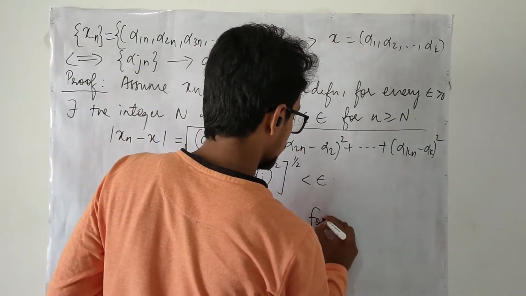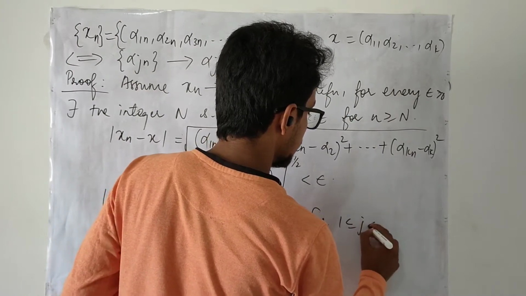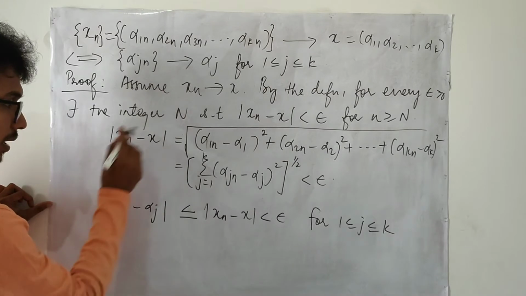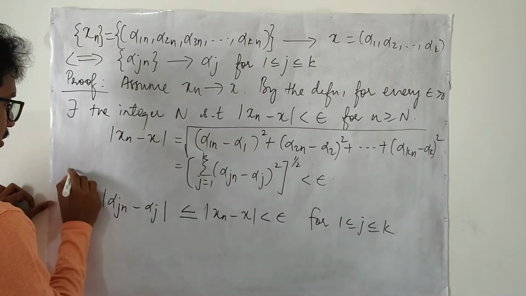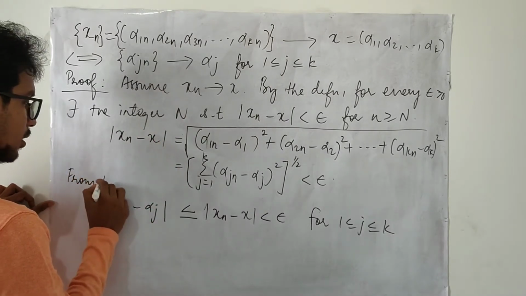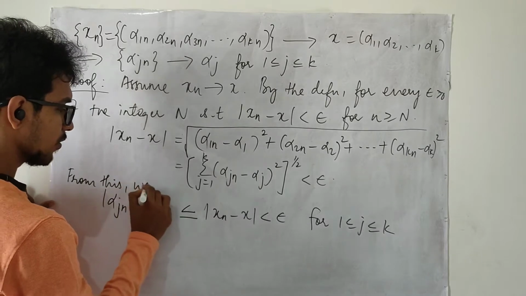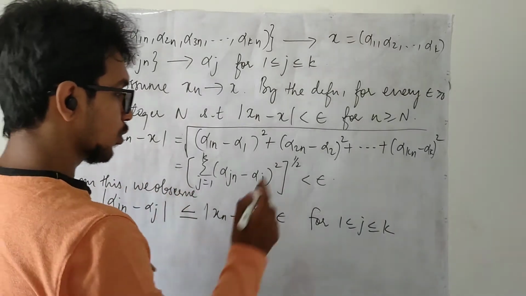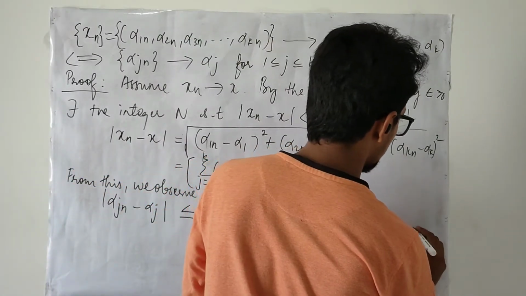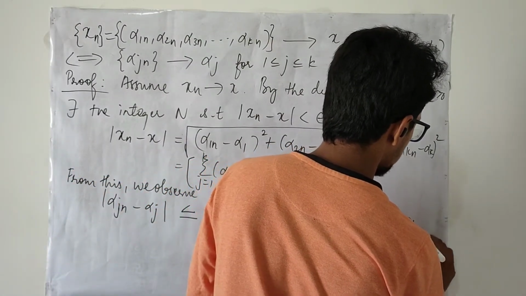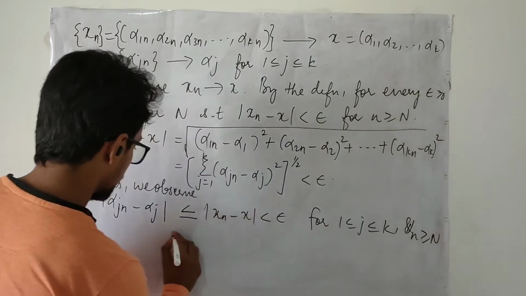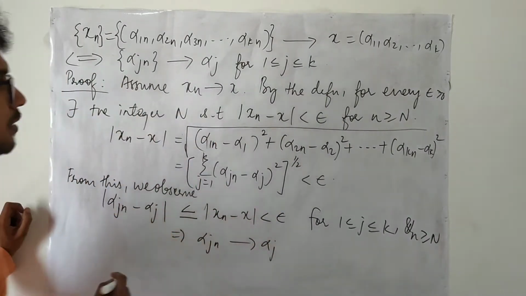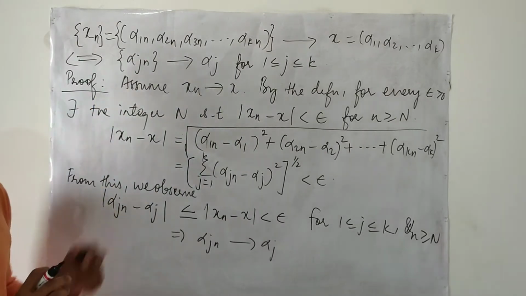So this is true for all j between 1 and k, right? So from this we observe, since this has happened to be true for n bigger than or equal to N, alpha jn converges to alpha j. Okay, we have proved the one way.